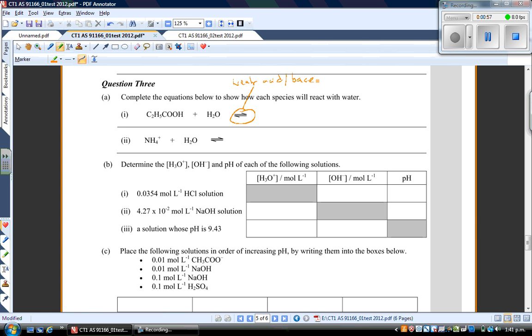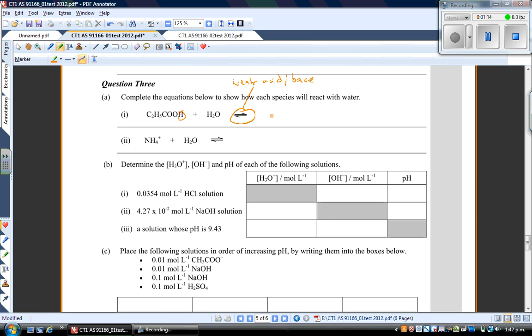Now in this case, this is a 3-carbon carboxylic acid, which is propanoic acid, if you remember from your organic chemistry. And with carboxylic acids, it's always the terminal hydrogen which is lost when it reacts with water.